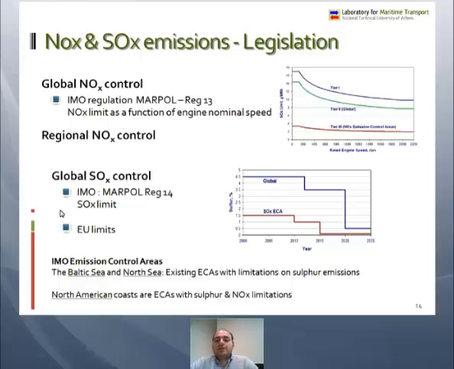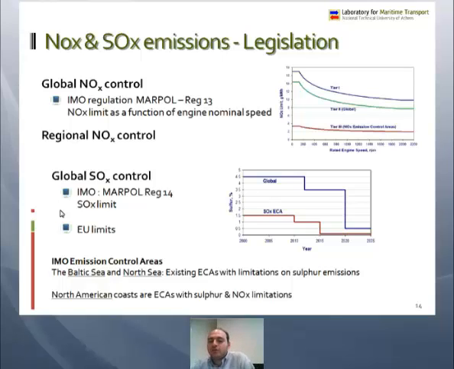We have these so-called emission control areas, the Baltic area and the North Sea, which are existing ECAs with limits on sulfur emissions, and the North American coast, which is a very new emission control area, recently introduced.